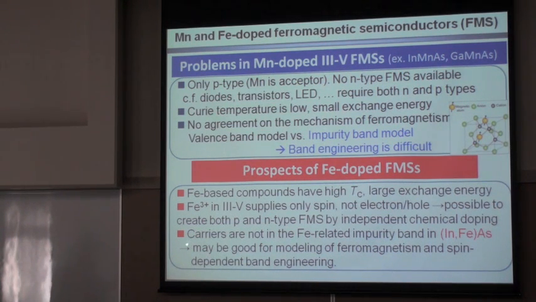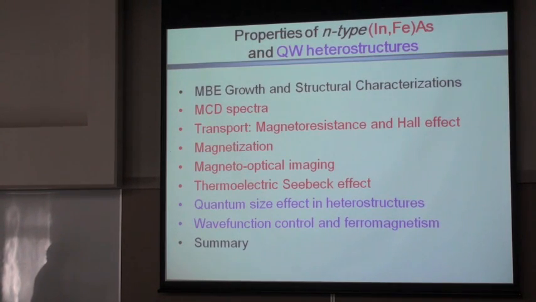Another expectation is that in this material, as I'm going to show you later, electrons are not in the iron-related impurity band, but in the conduction band. So it may be good for modeling ferromagnetism and spin-dependent band engineering. So these are the motivations.